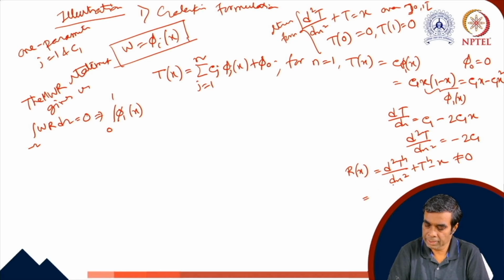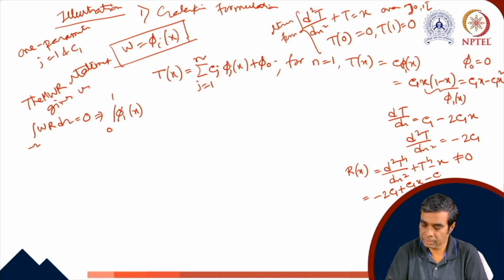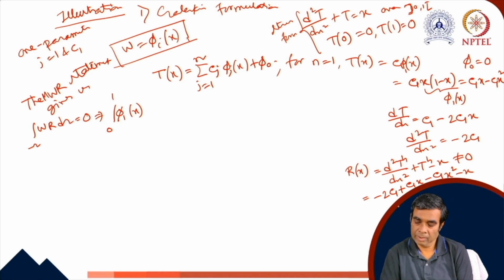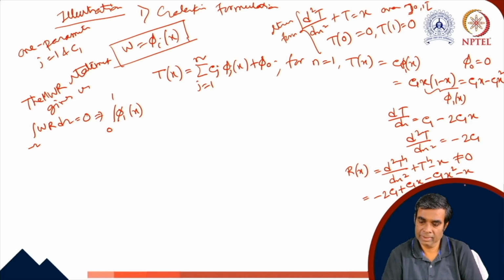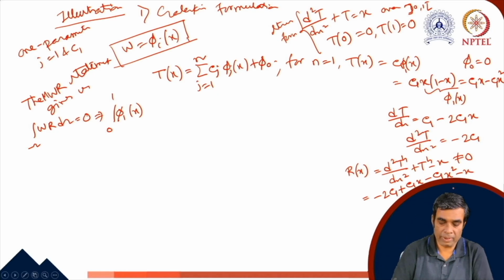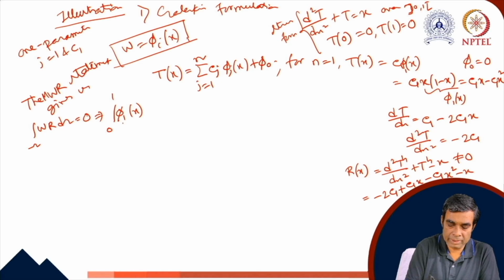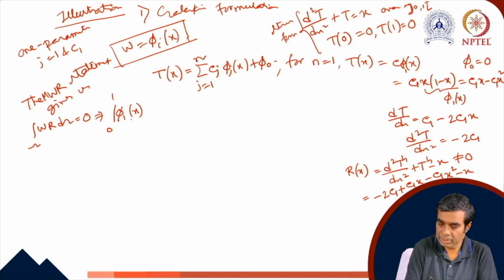So our residual is d2T/dx2, which is minus 2C1, plus T, which is C1x minus C1x square, minus x. So this is the residual: minus 2C1 plus C1x minus C1x square minus x. x is the source term here. For this Galerkin formulation, the weight function is the approximate function into the residual.